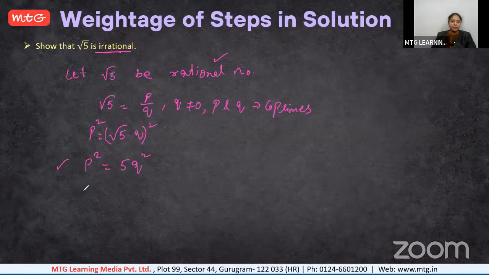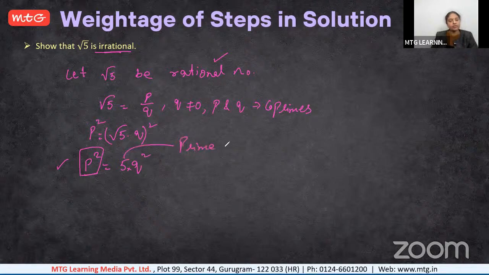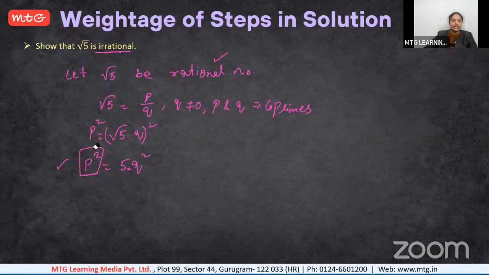P square is a perfect square, represented as 5 times Q square. What is Q? I don't know, forget about it. But 5 is a prime number. So from this, what you can understand is that P square is divisible by prime 5.